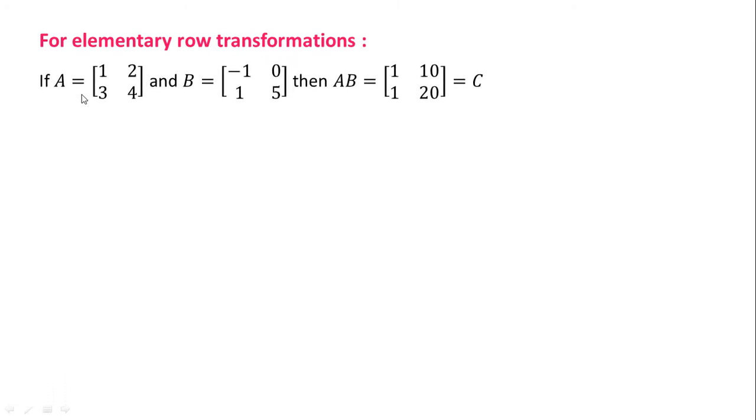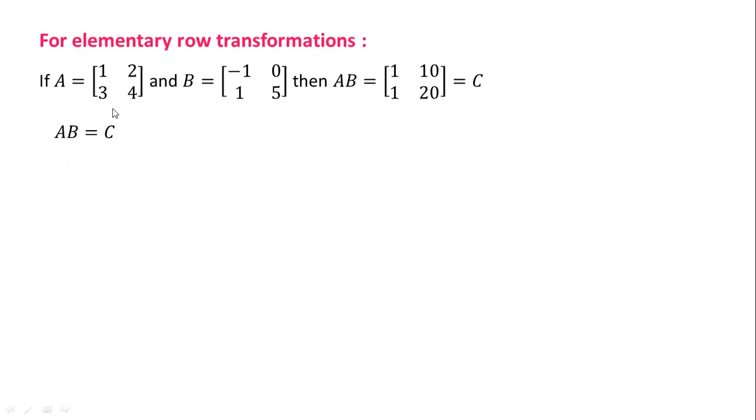Now see here, I will explain it by example. For elementary row transformations, what happens here? Suppose the matrix A is given, B is given to you, and A into B, that is C, is given like this. Check this: A into B is this, and the equation A into B is equal to C is called a matrix equation.